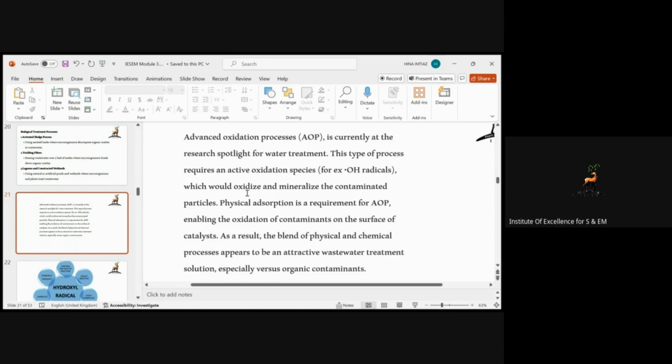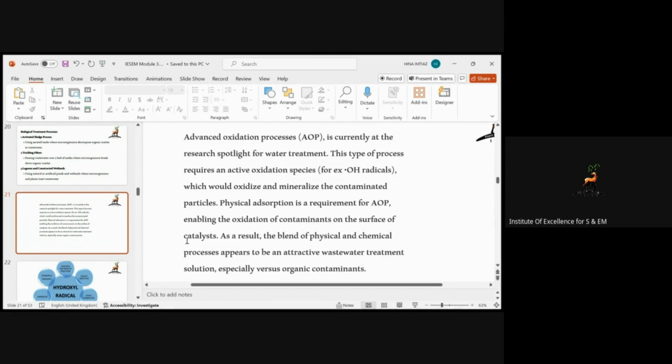When the water passes through that screen, the reactive oxygen species attack the contaminants, and you can find very clean water on the other side of the membrane. So basically, physical adsorption is a requirement for the advanced oxidation process, and it enables the oxidation of the contaminants on the surface of the catalyst.